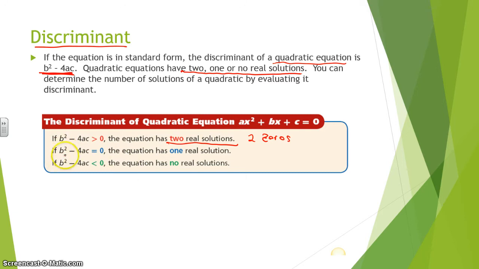If b squared minus 4ac is equal to 0, then we have 1 solution, which means you have 1 zero. That's what it means. 1 value that falls on the x-axis. And then when your discriminant value is less than 0, then that would be no real solution. So that means that there's no zeros, no value that falls on the x-axis.